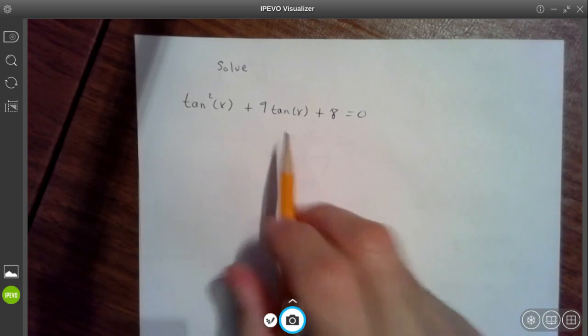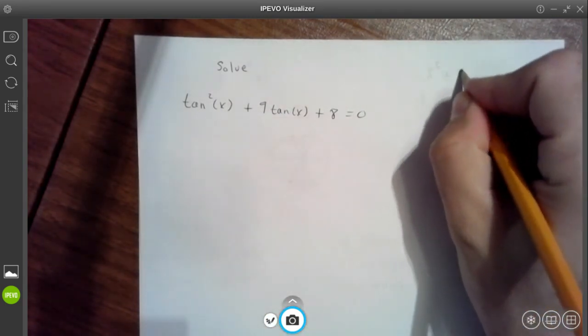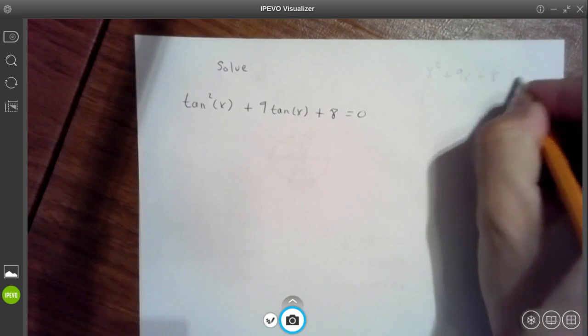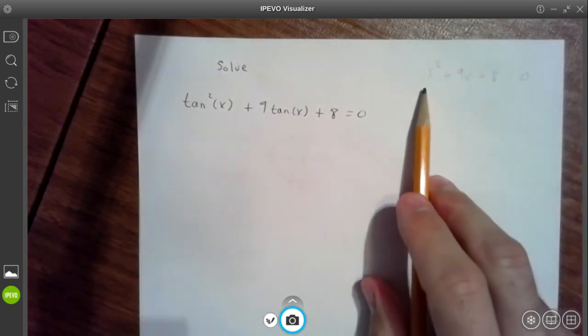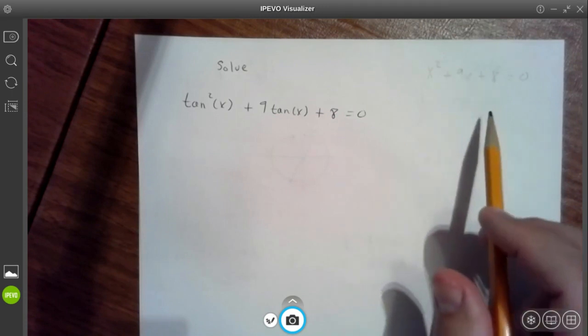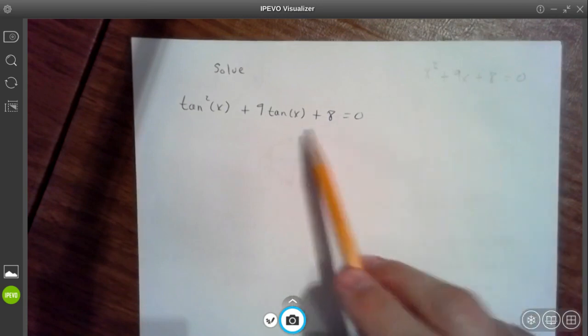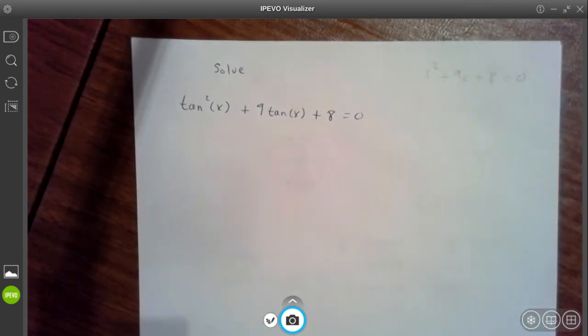The way that I'm going to solve this is kind of reminiscent of x squared plus 9x plus 8. Whatever way we would have solved this, whether by factoring or the quadratic formula, we could solve this the same way. I'm never going to use the quadratic formula on these unless I have to. I kind of build all these to factor anyway.